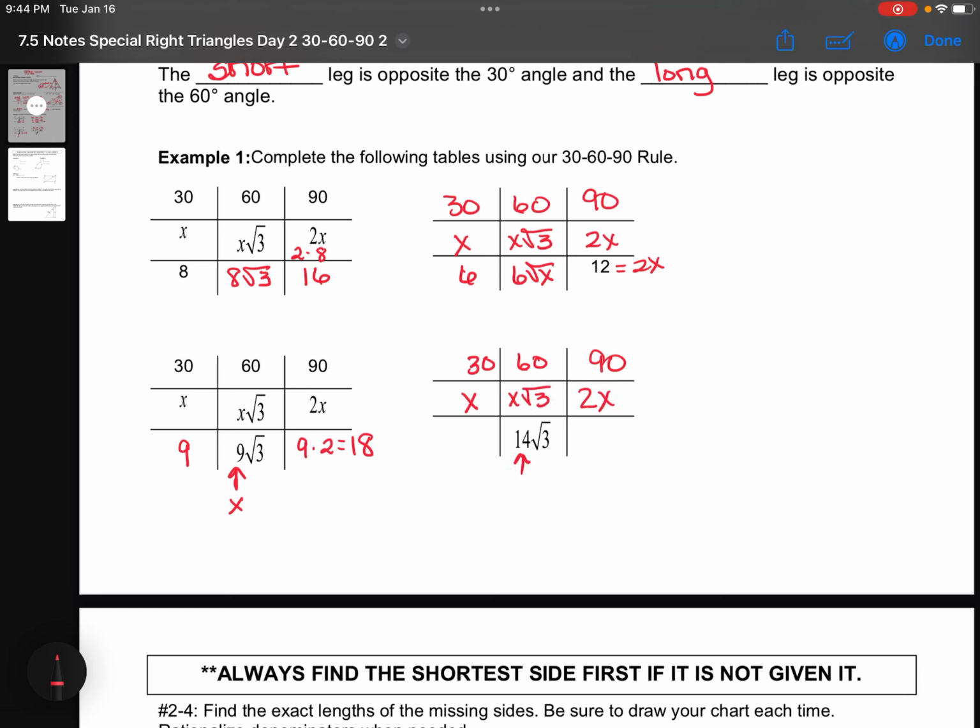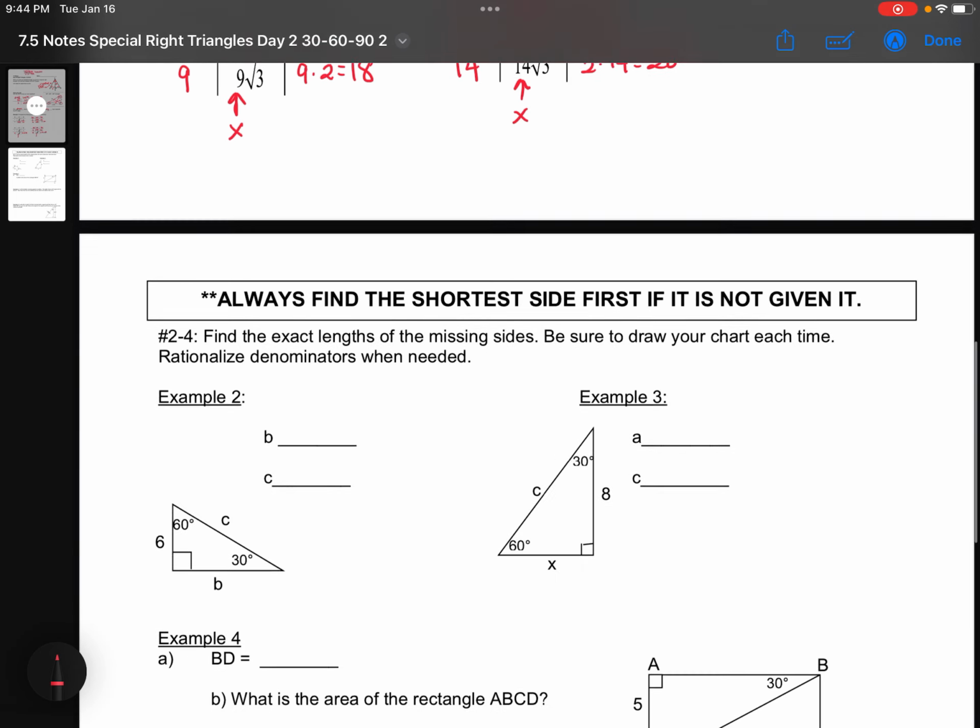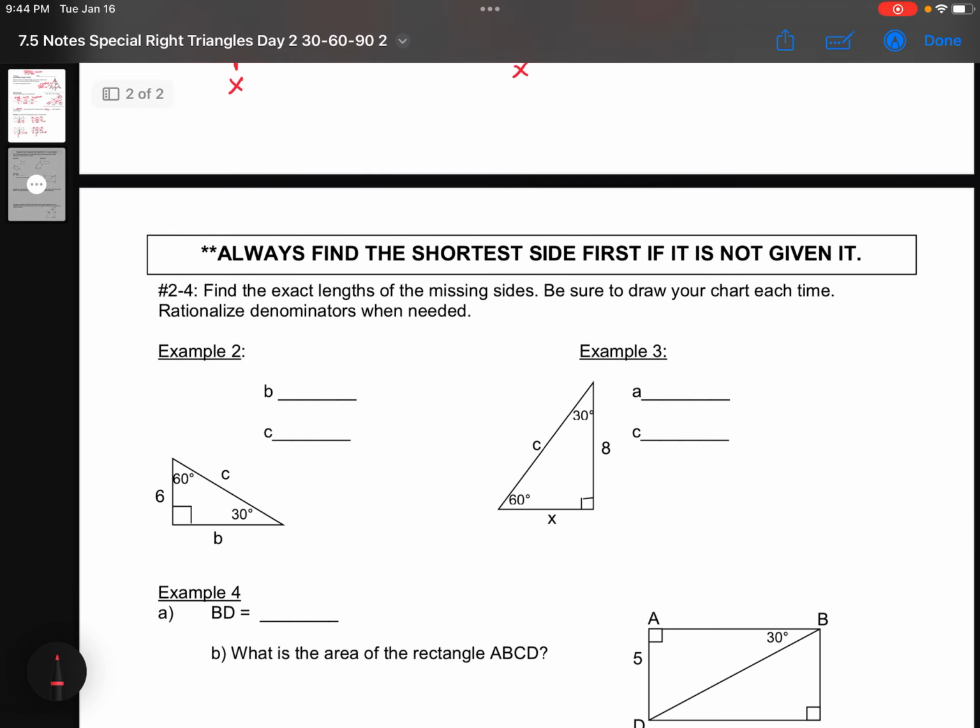And we draw the table to keep organized. So here's my x. X is 14. 2 times 14 is 28. Okay. Always find the shortest side first if you don't have it.